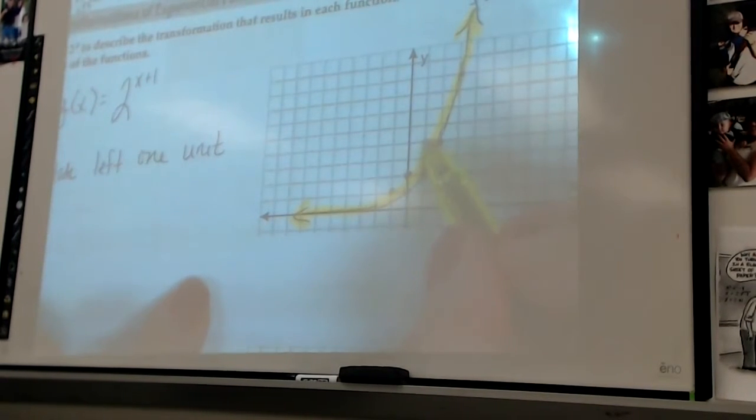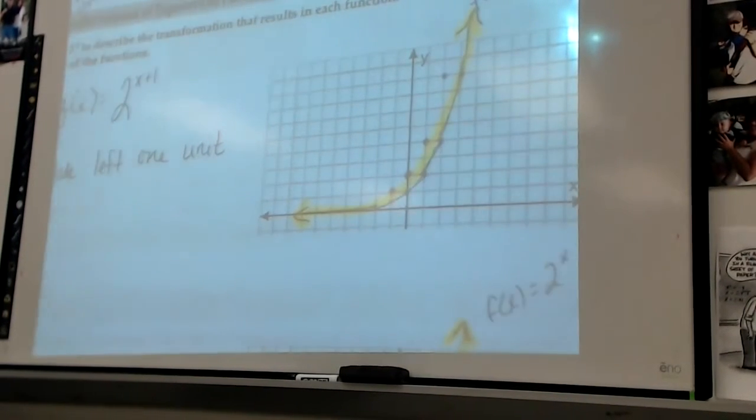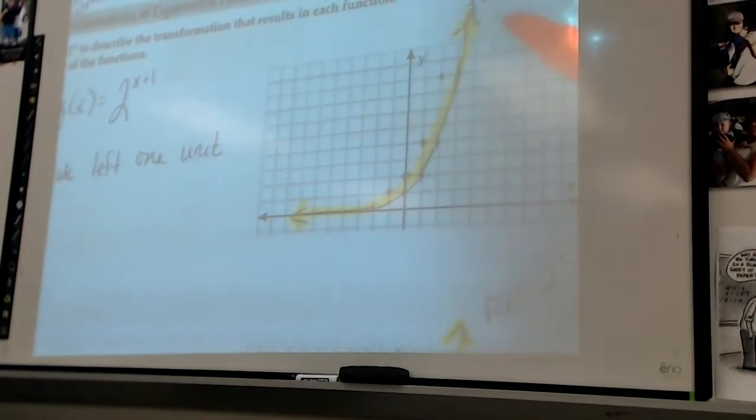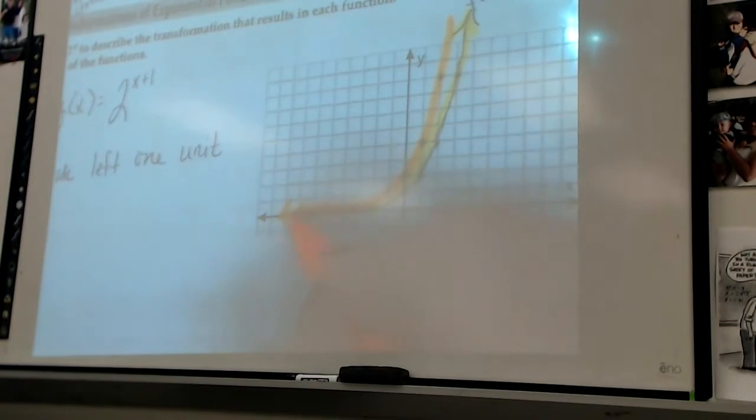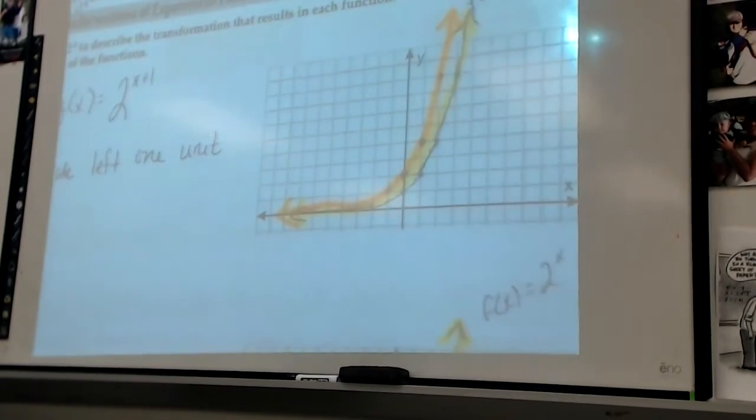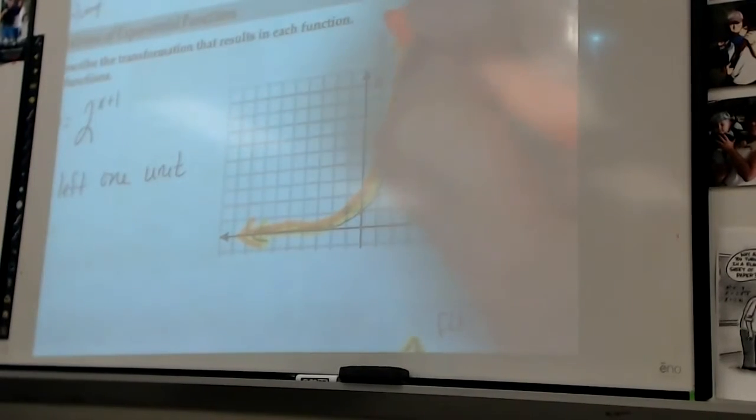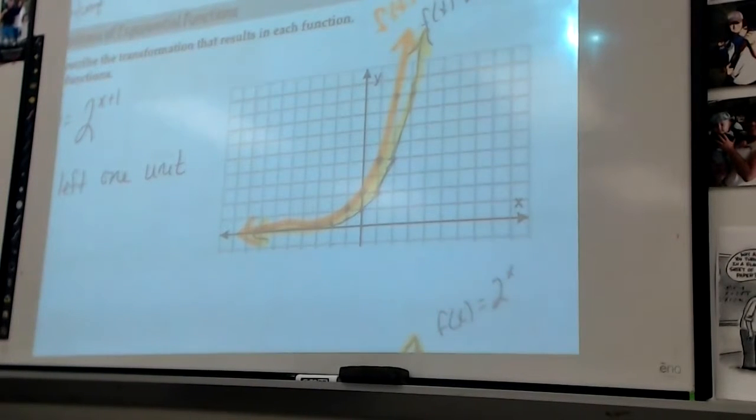It moves over here to 1, 4. And then 3, 8 is now going to be 2, 8. And then, of course, it's still going to be getting closer and closer to 0. So there is g of x equals 2 to the x plus 1. Excuse me. Okay.